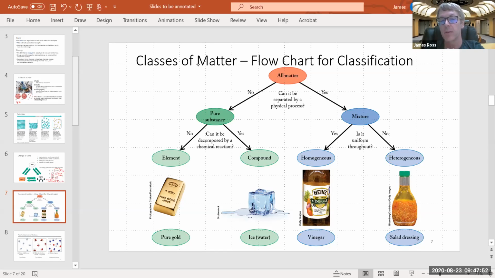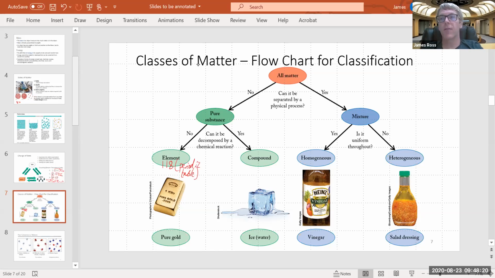It's either an element, so it's one of the 118 elements on the periodic table. So there are 118 in the periodic table. So you can have a look at the periodic table. If you see the object on there, you know it's an element, so you could label it thusly.